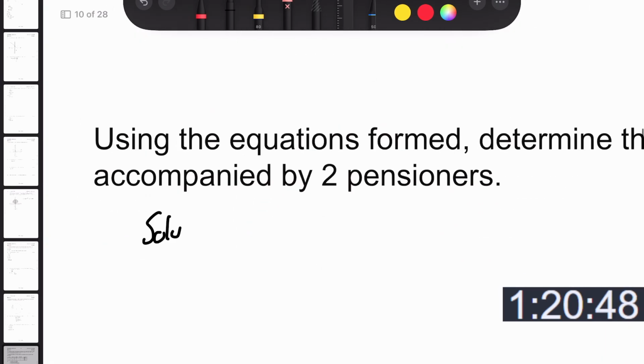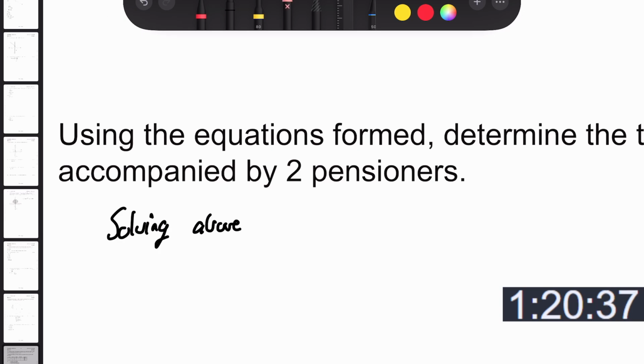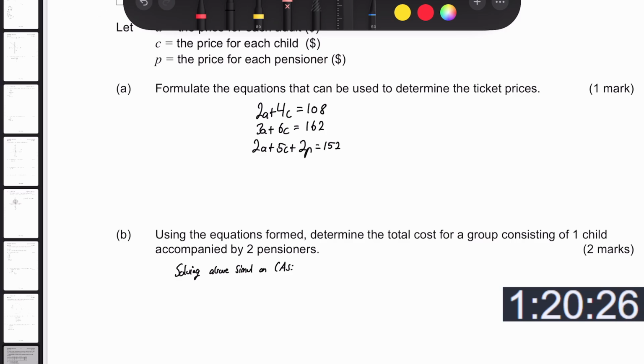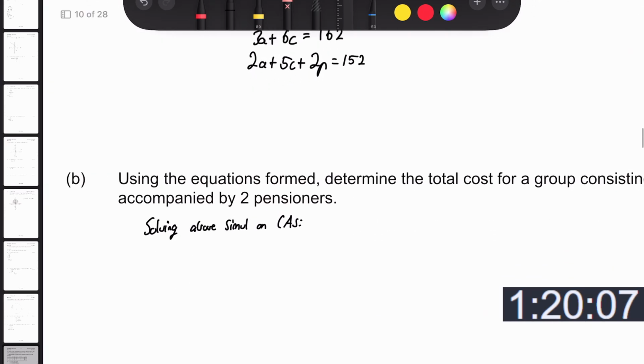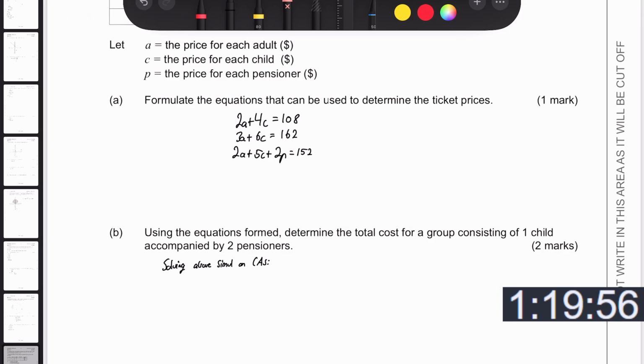So then solving simultaneously on CAS. We're going to have 2x plus 4y equals 108, 3x plus 6y equals 162, and then 2x plus 5y plus 2z equals 152, for x, y, and z. Getting some weird results.